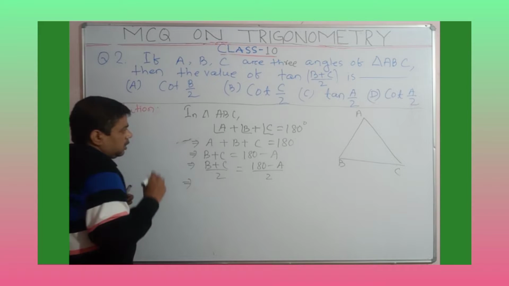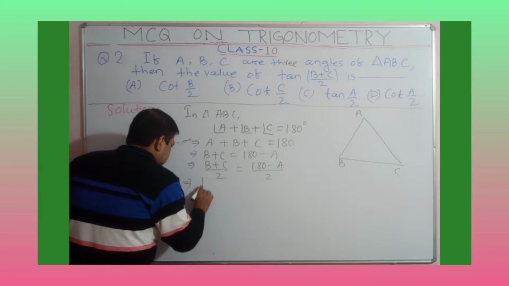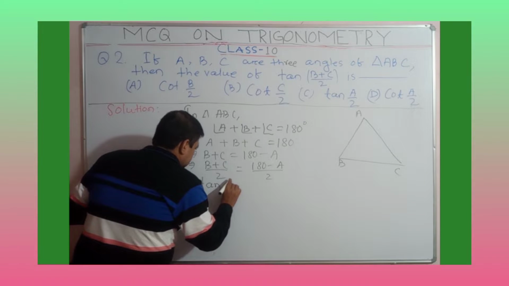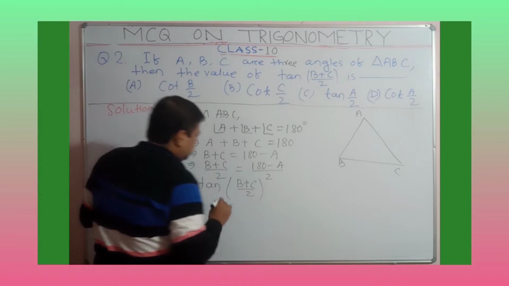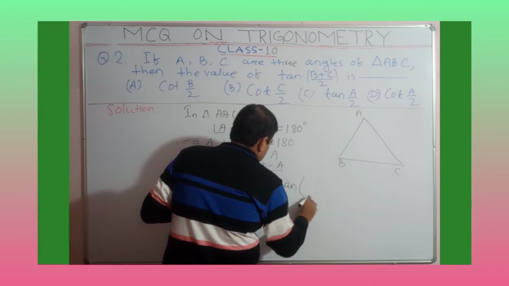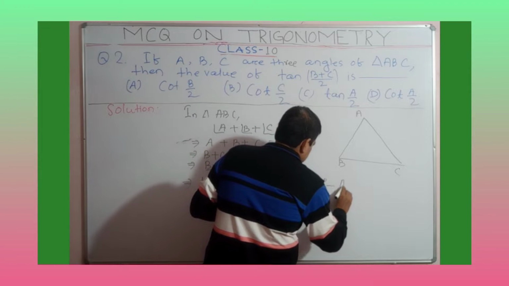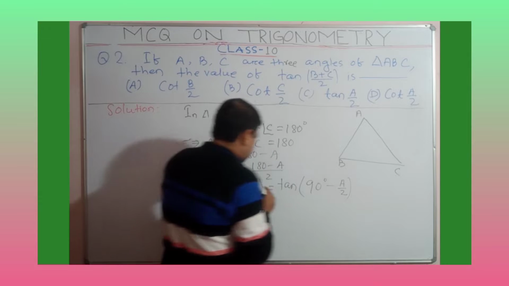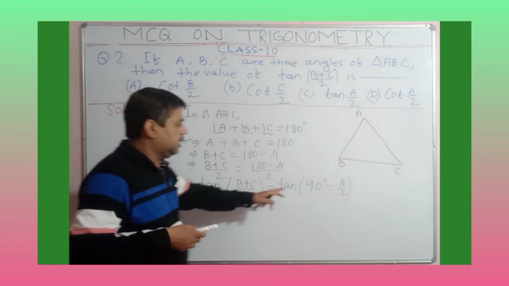Then to find tan, put tan on both sides. So tan of (B plus C) upon 2 is equal to tan of (180 by 2), that is 90 degrees minus A by 2. So we got tan (90 minus A by 2).